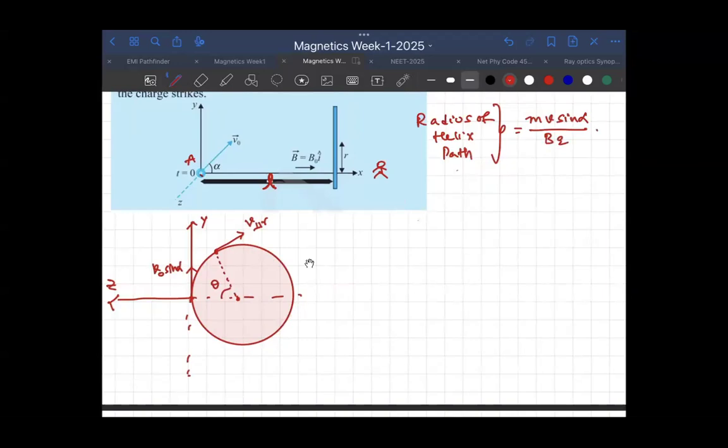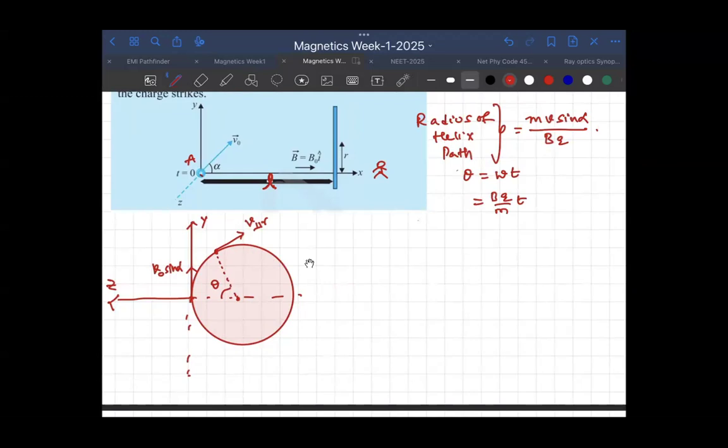Angle rotated during this time, theta, is equal to omega t. Omega is Bq by m times t.